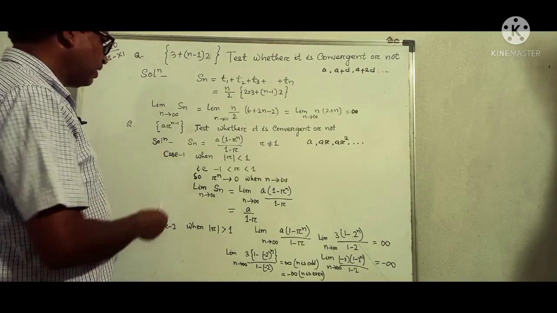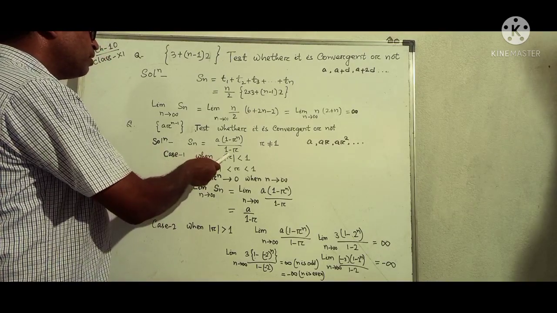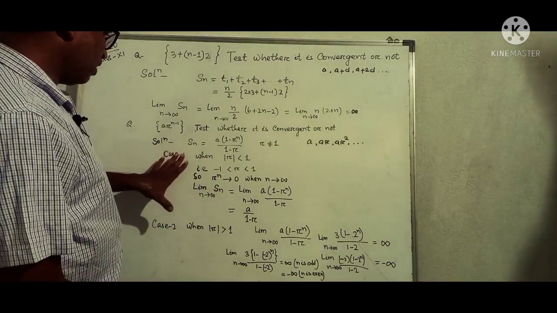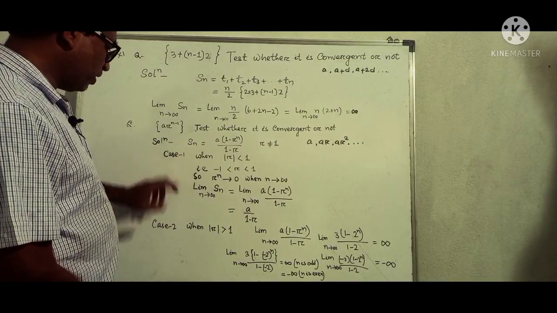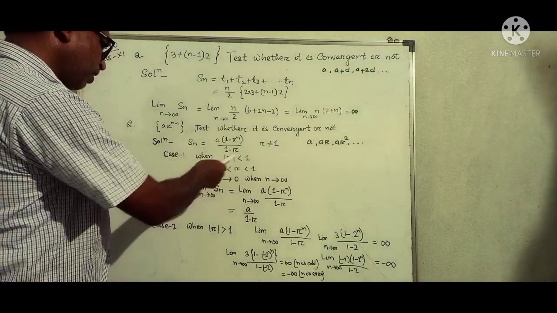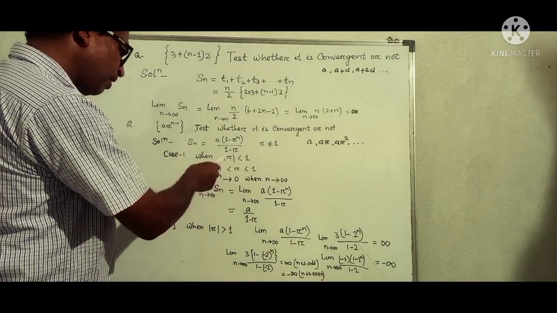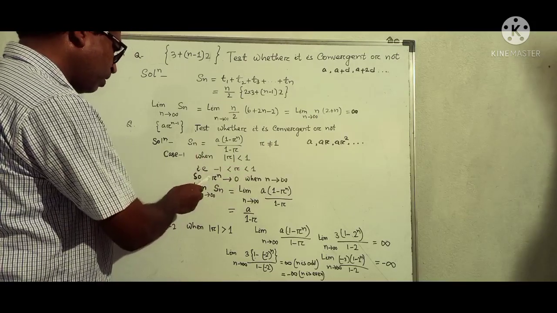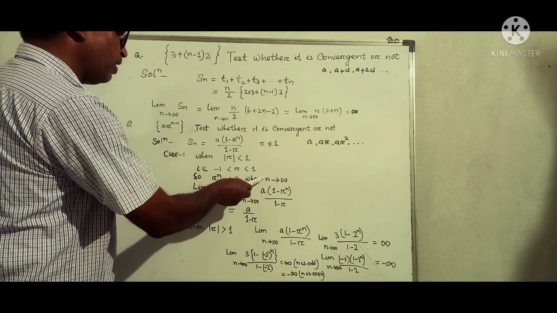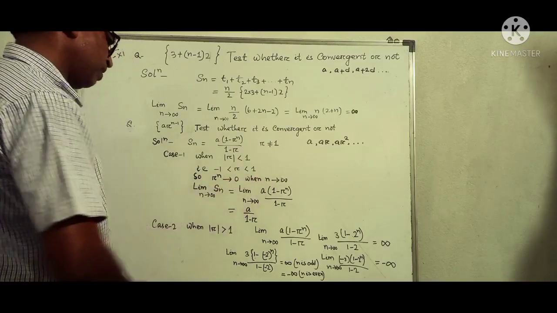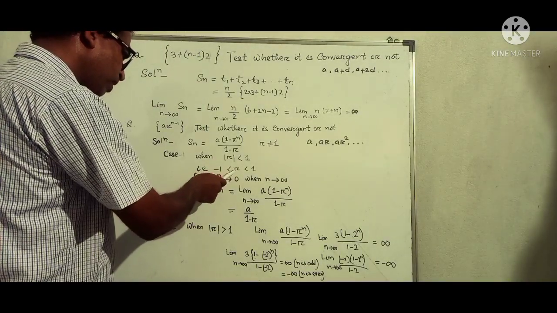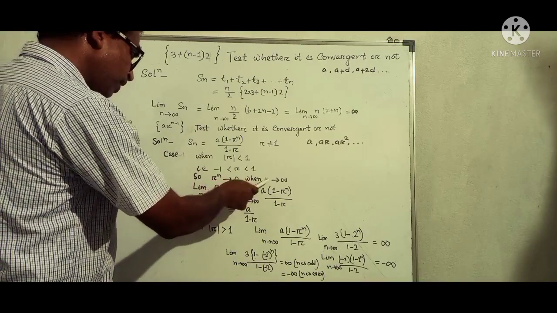Case 1, when the absolute value of r is less than 1. Now we are discussing two cases, case 1 and case 2. When the absolute value of r is less than 1, that is, minus 1 less than r less than 1, r to the power n tends to 0 when n tends to infinity.